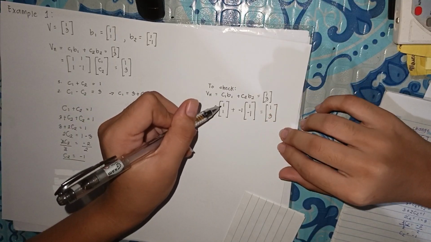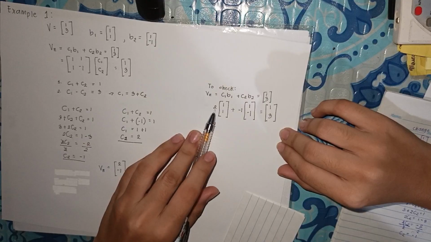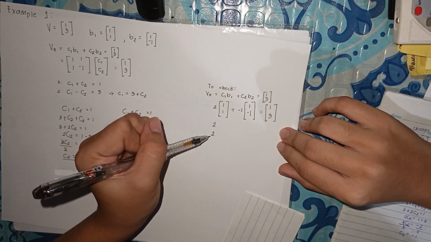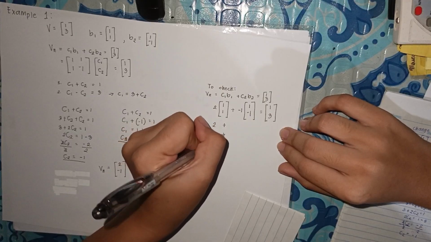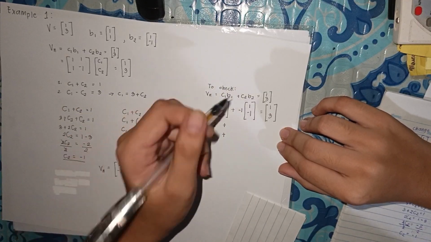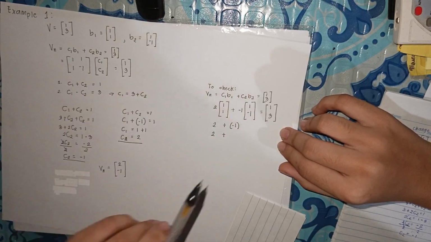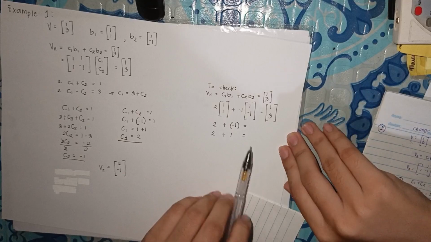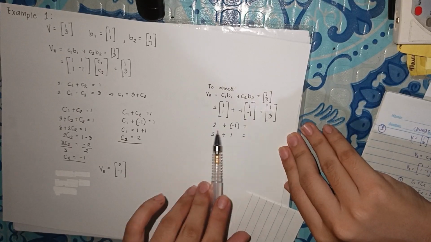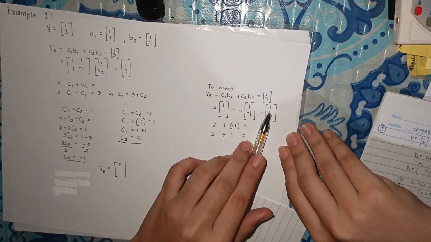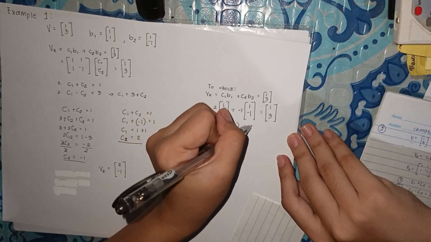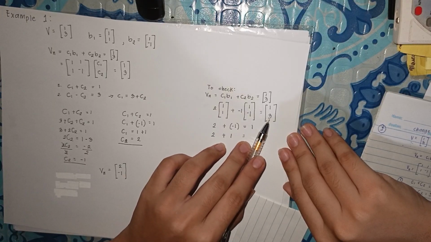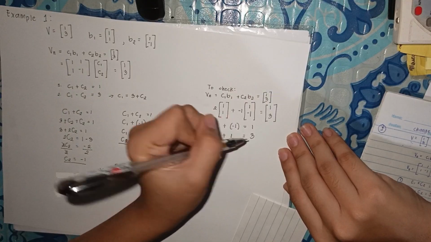Okay, so 2 times 1 is 2, and 2 times 1 is also 2, plus negative 1 times 1, negative 1. Negative 1 times negative 1, so 1, is equal to, so, atong ibutang sa first nga kuan is ang ibabaw nga element sa vector, which is 1, then diri ubos is the element sa vector nga nasa ubos.